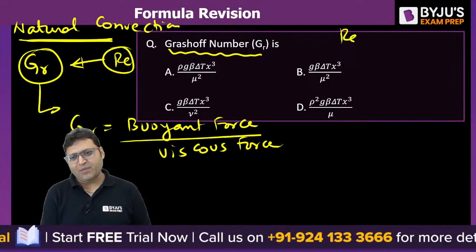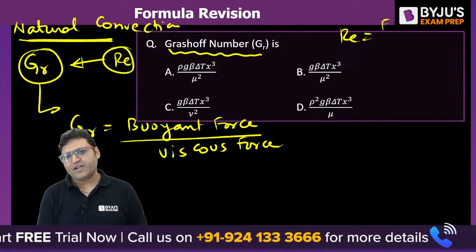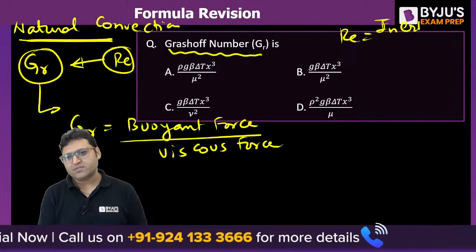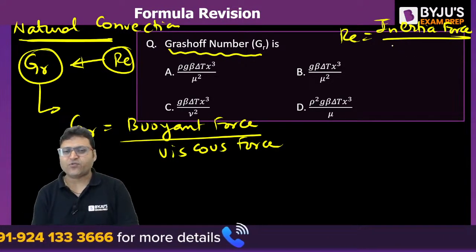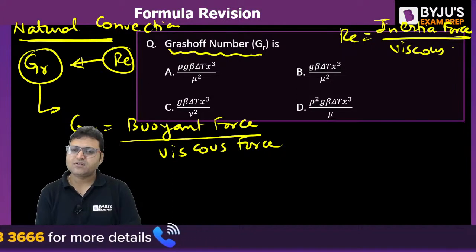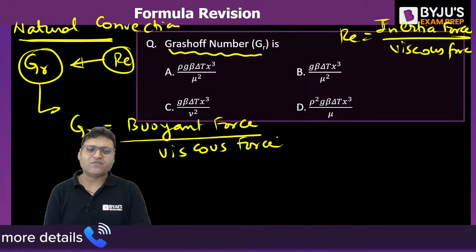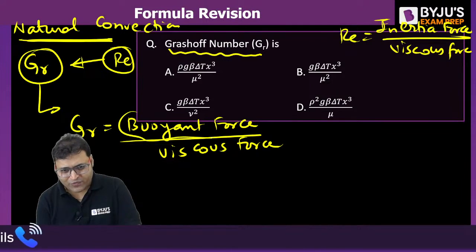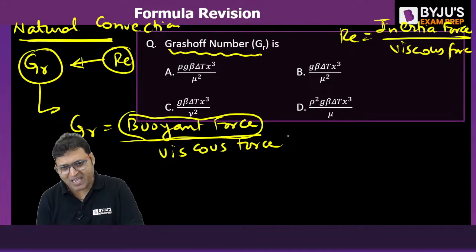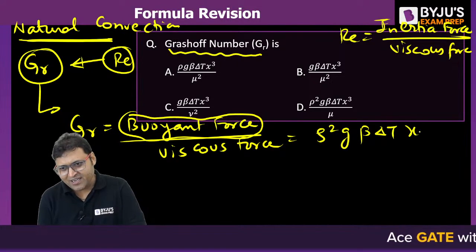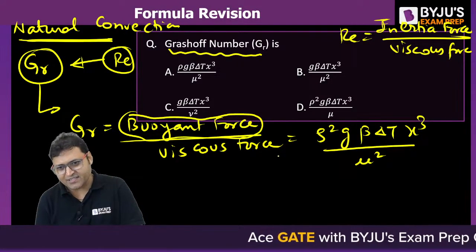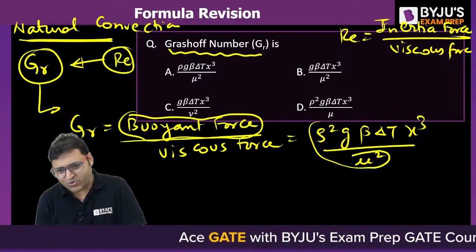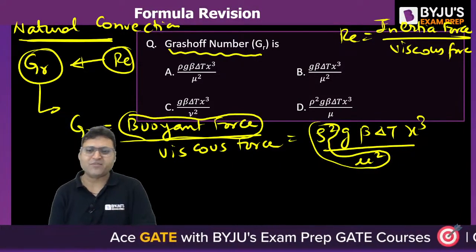What is the Reynolds number? Reynolds number is the ratio of inertia force to viscous force, whereas the Grashof number is the ratio of buoyant force to viscous force. If we develop the expression, it is rho square g beta delta t x cube by mu square, or we can write it as, mu square by rho square can be written as kinematic viscosity square.